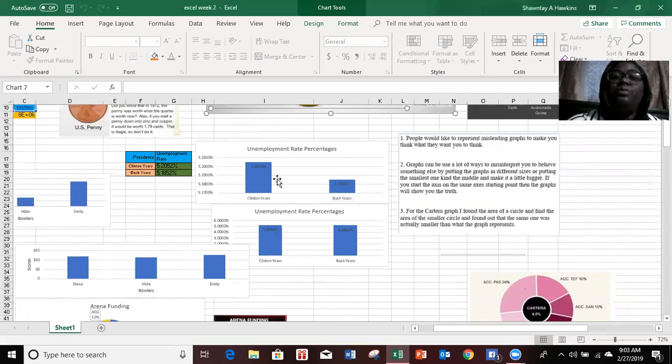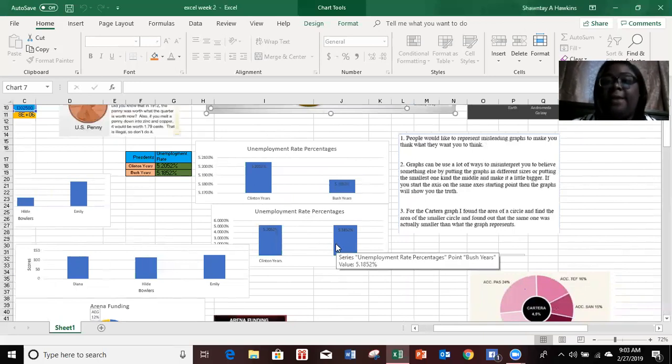But if you go here, it's the same exact numbers, but they didn't start from zero. So when you put them in here, they are pretty much almost the same. So I feel like people present a misleading graph to make you think what they want you to think.